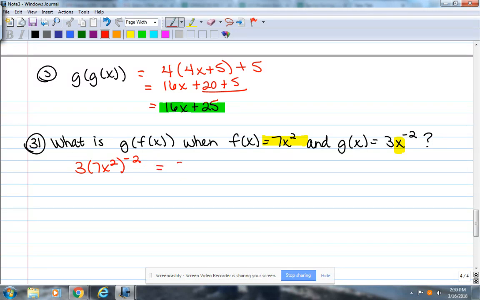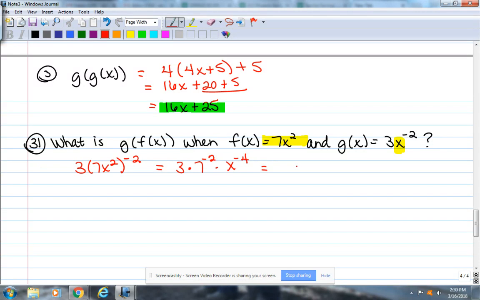So I have 3 times 7 to the negative 2 times x to the negative 4, right? Multiplied my exponents. Everything on the inside. Does everybody get that? And now I'm going to move my negative exponents. So first I had to give everything a negative 2 before I can move them. Does that make sense?